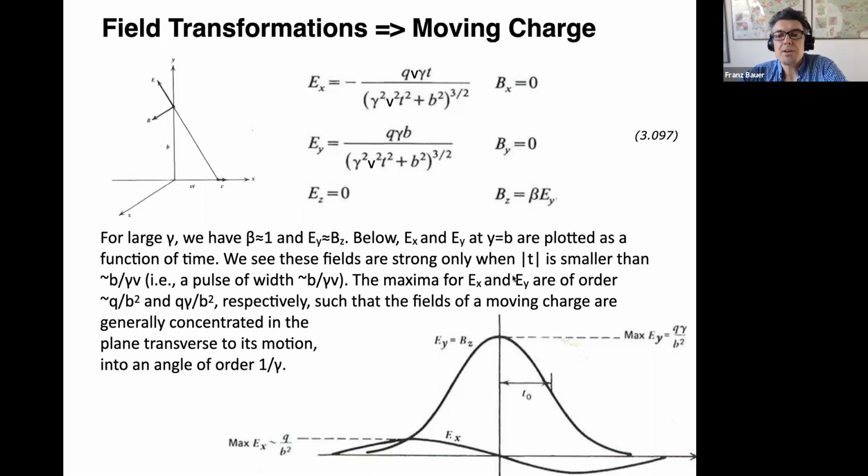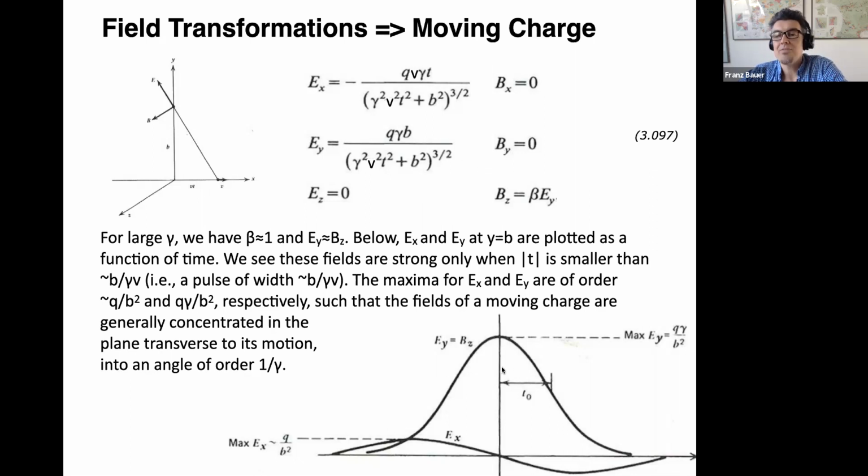So depending on what gamma is, the higher gamma is from 1, right, that's going to increase this signal in this direction. It's going to increase the E field in this direction, and it's going to narrow the width of that.